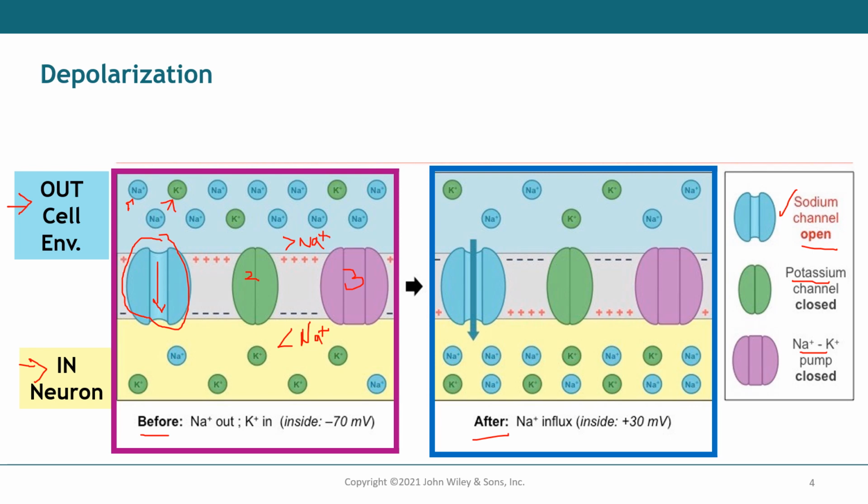Okay, so before, the sodium is out and the potassium is in, and we have a negative environment of -70 millivolts. Then, after the depolarization, as we open the channels, the sodium is going to go inside, so it will be an influx of sodium, and you will have an increase to 30 millivolts.